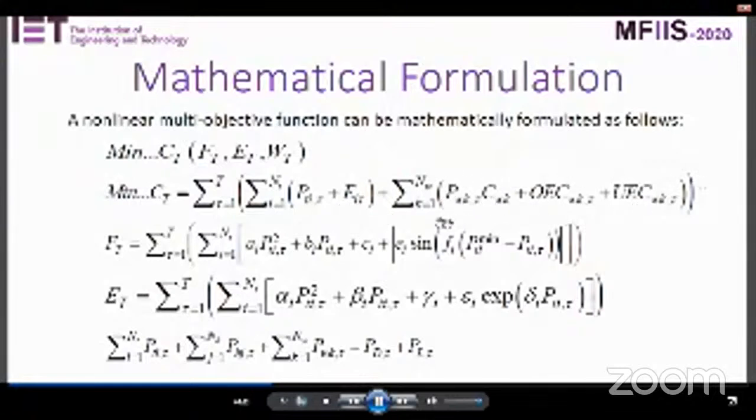These are the costs involved in a wind generation system. Obviously, there are three parts. The first part comprises a direct cost involvement, whereas due to the uncertainty of wind generation, there might be some overestimation or underestimation, and the second and third terms take care of that fact. The fuel cost in a thermal power plant is, as evident, a quadratic function, whereas the last term includes the valve point effect.